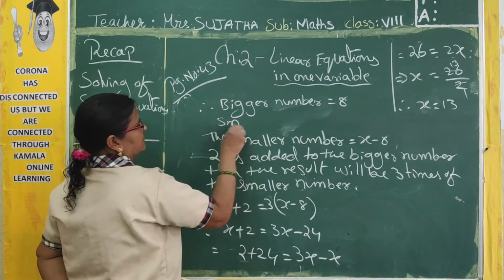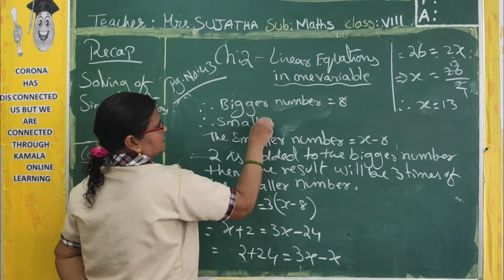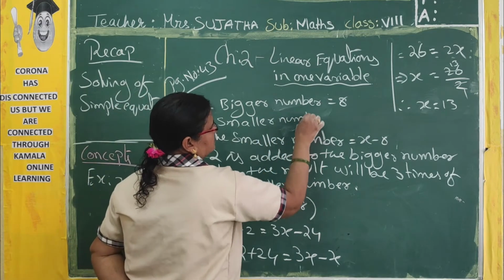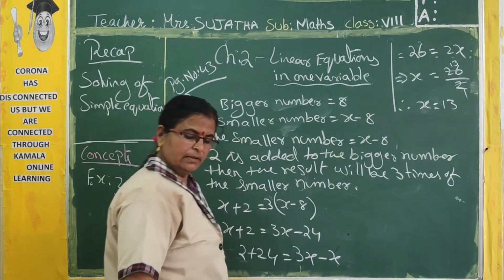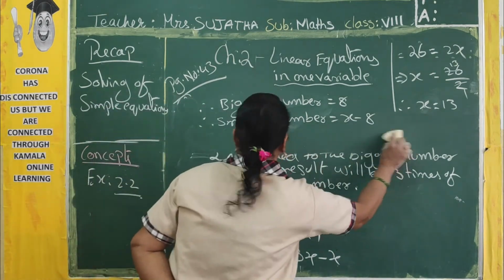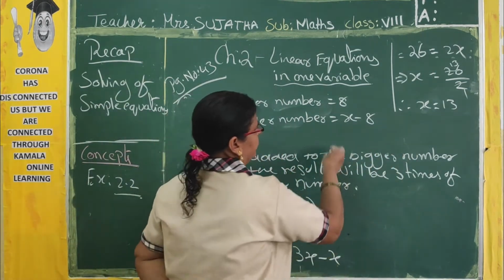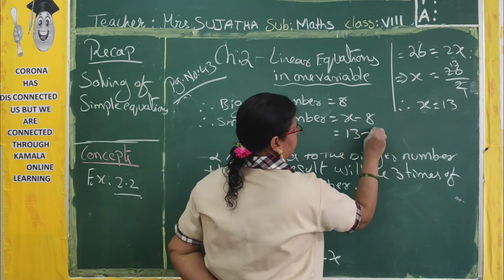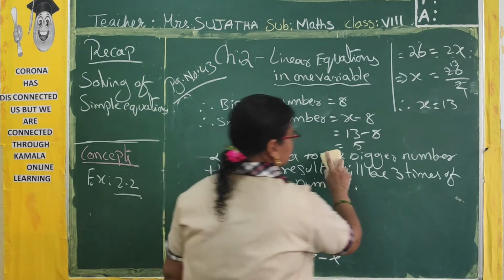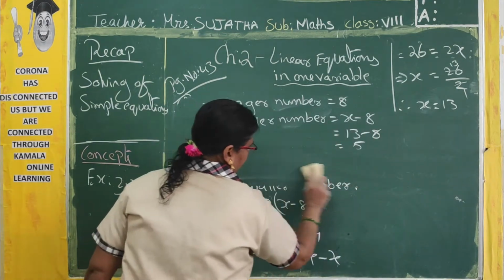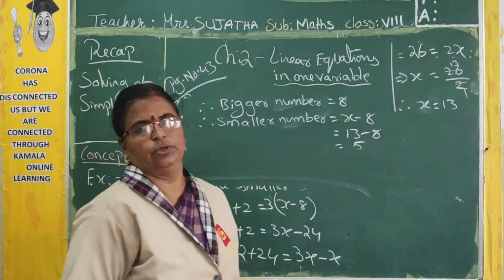What is the smaller number? The smaller number is equal to x minus 8, no? X, how much did we get? 13. 13 minus 8 is equal to 5. So what are the two numbers? 13 and 5. 13 and 5 are the two numbers.